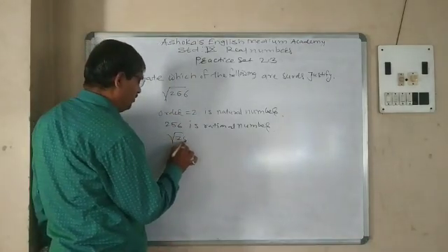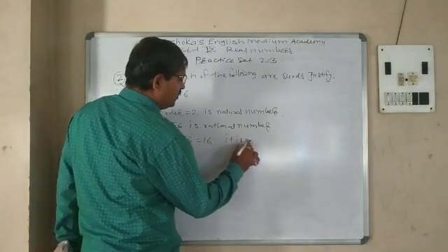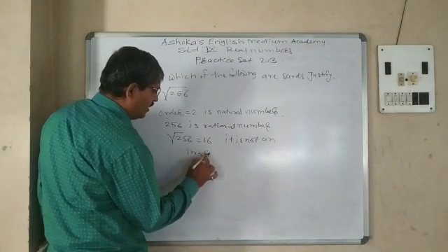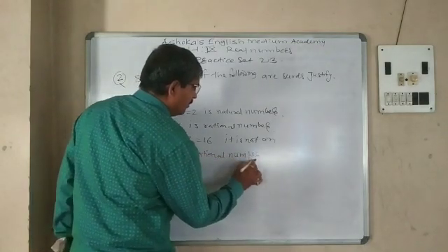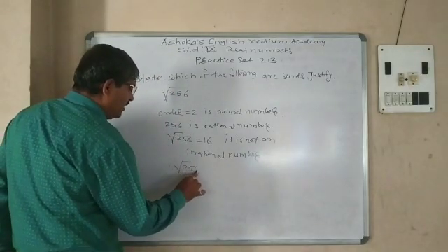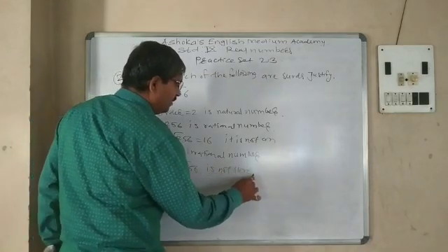Square root of 256 is equal to 16. It is not an irrational number. Therefore, square root of 256 is not a surd.